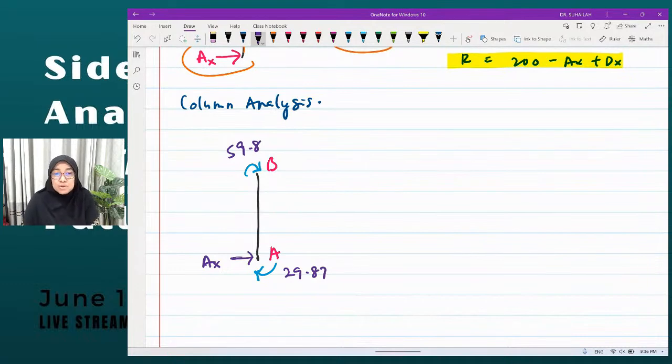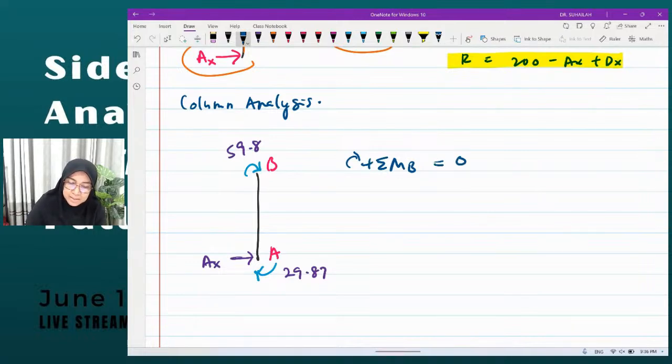So this one we call static equilibrium. We get AX by taking moment at B. It is just like we calculate the reaction at the support for a simply supported beam. So we have to take moment at B because we want to calculate AX.